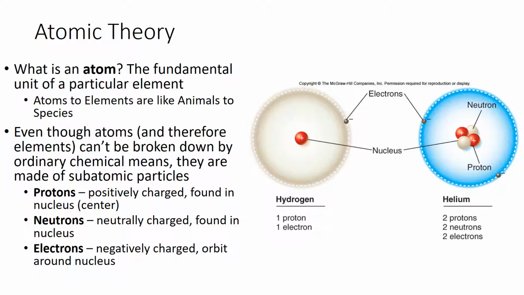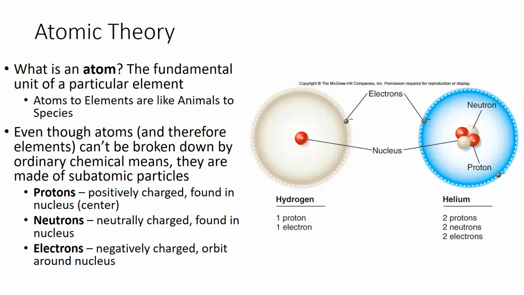In the center of the atom, we have the proton and the neutron. The proton is positively charged, and the neutron has no charge at all. It's like a 0. And surrounding the nucleus, where we find the proton and the neutron, we have the electrons, which are negatively charged, and they orbit around the atom.